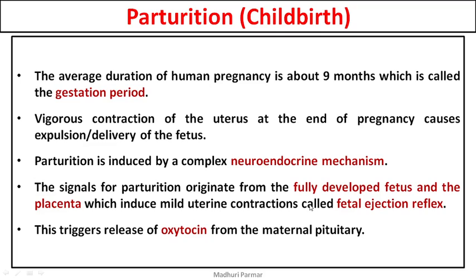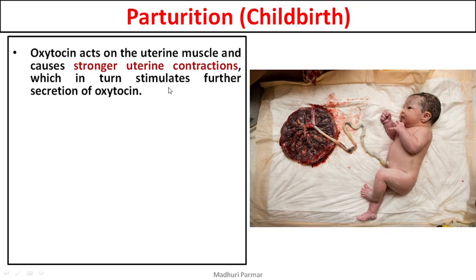Because the uterus tried to contract, now the maternal pituitary, that is the mother's pituitary, will start releasing oxytocin. This oxytocin will cause the uterine muscles to contract even stronger. As the contraction becomes stronger and stronger, the oxytocin is also released more and more.